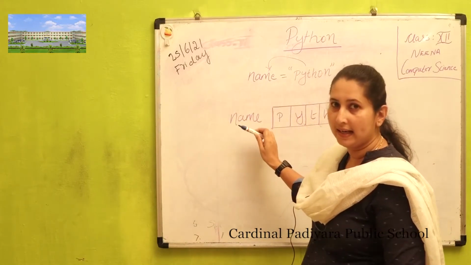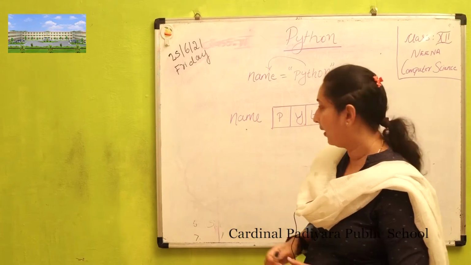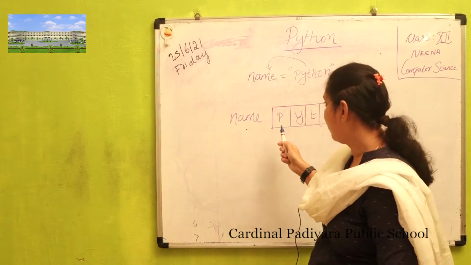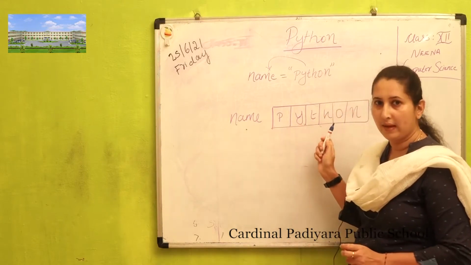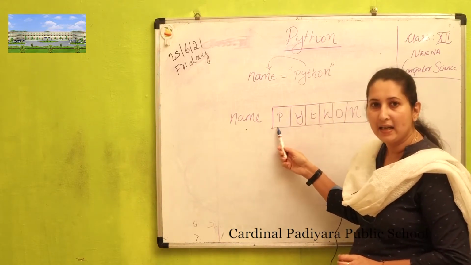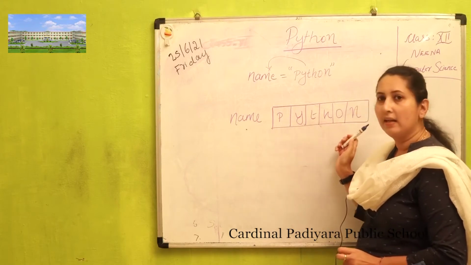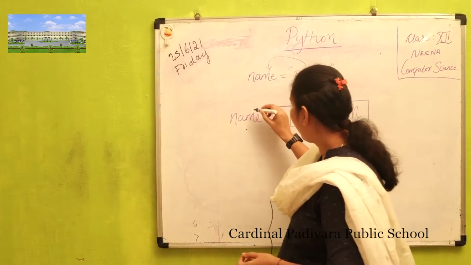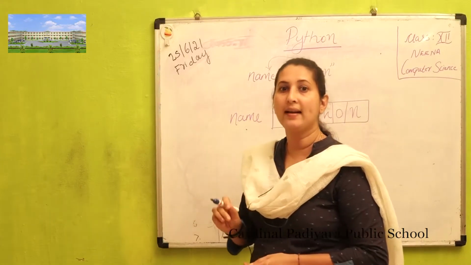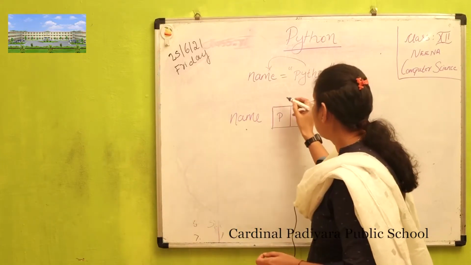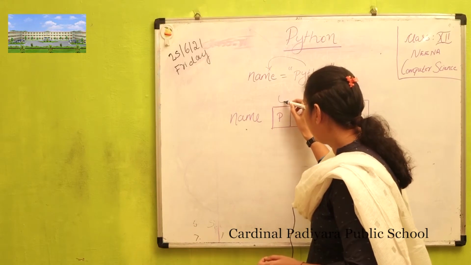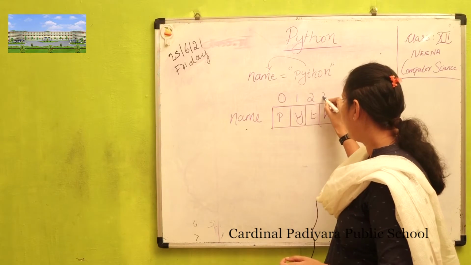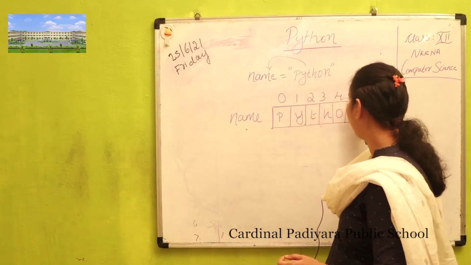So this is how name is stored in your memory. In memory, Python is stored in this way, as individual characters in continuous locations. By locating this way, we have indexing given. Its locations are 0, 1, 2, 3, 4, 5.